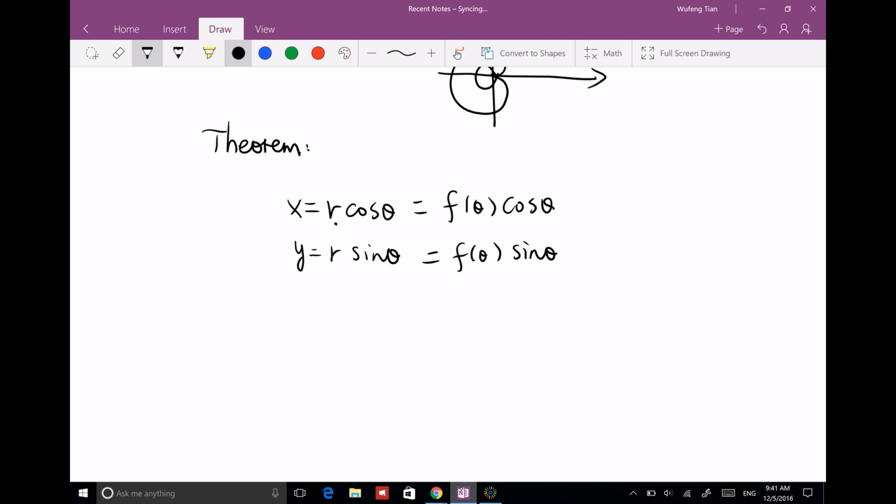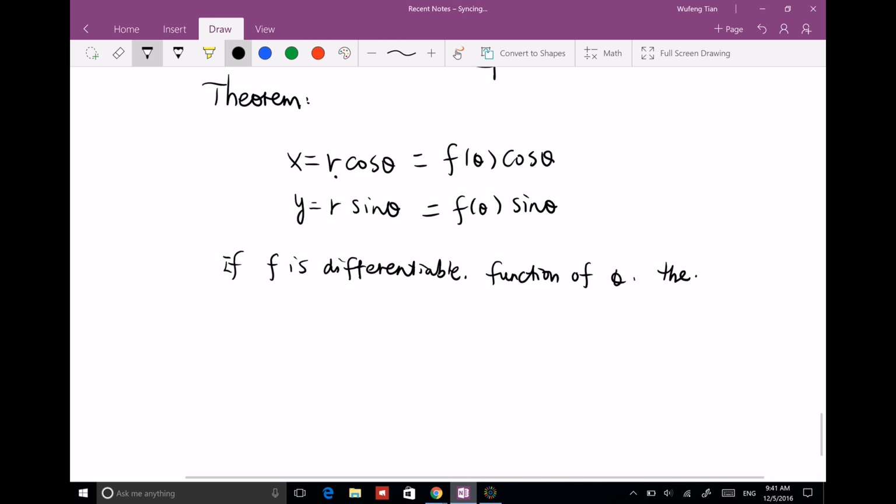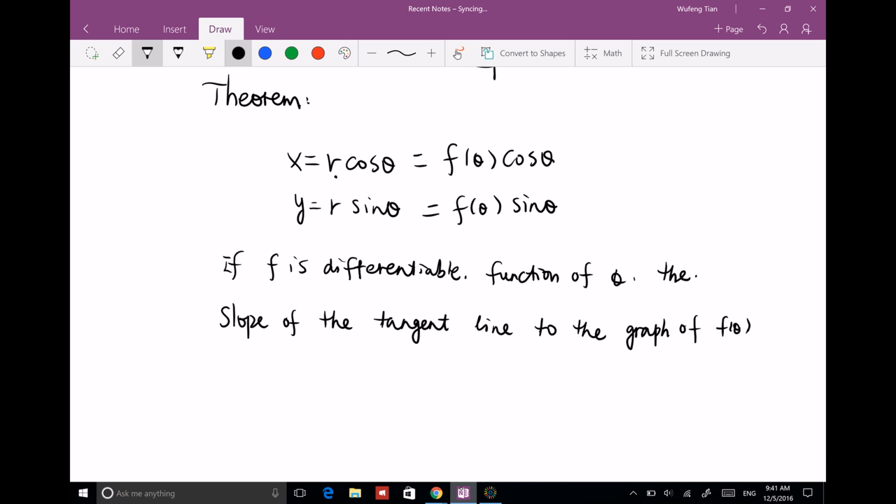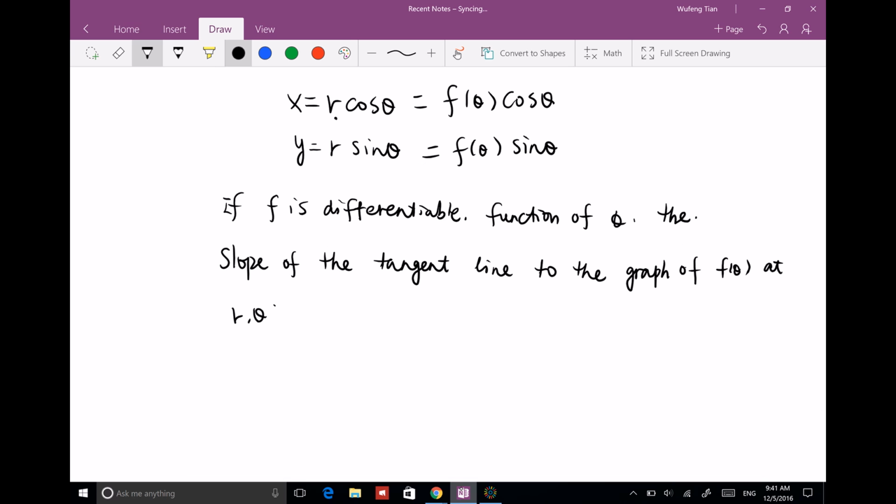So if f is a differentiable function of theta, then the slope of the tangent line to the graph of f of theta at r of theta is, previously, dy over dx.